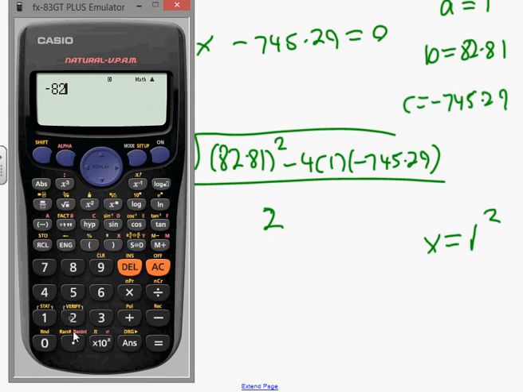Minus 82.81 plus the square root of 82.81 squared minus 4 times 1 times, hold on a second, that doesn't sound good, whatever it is. Divided by 2.